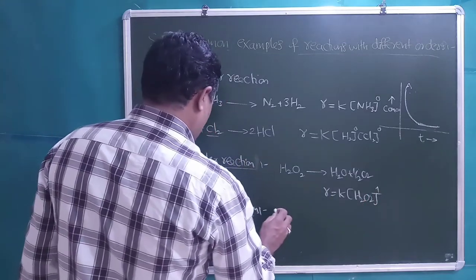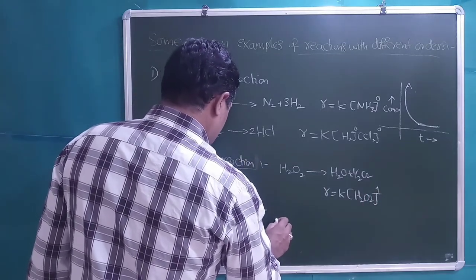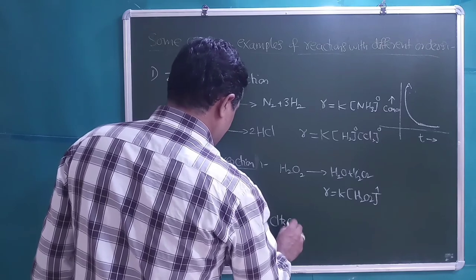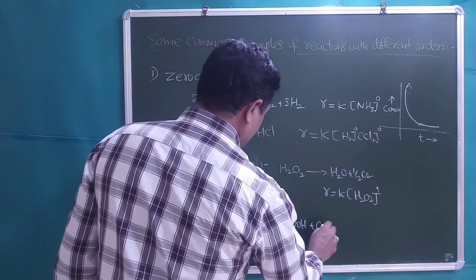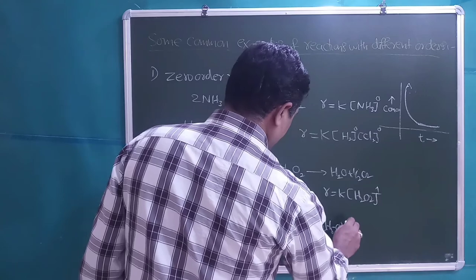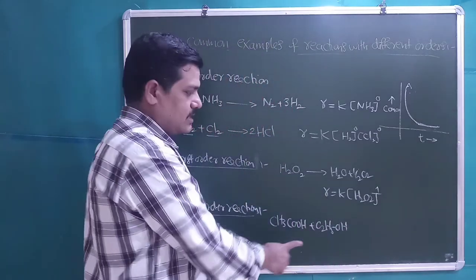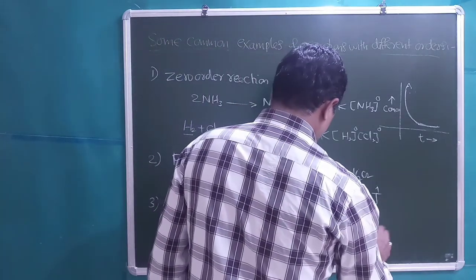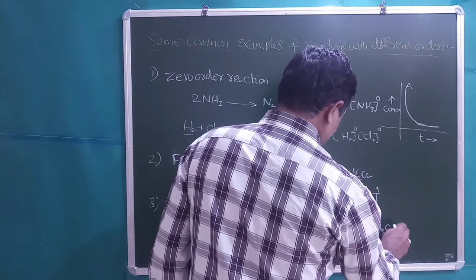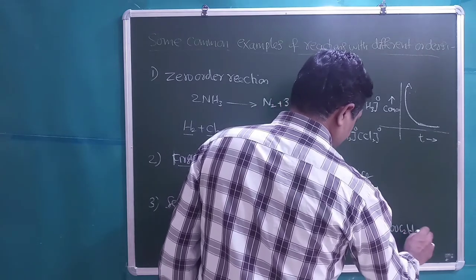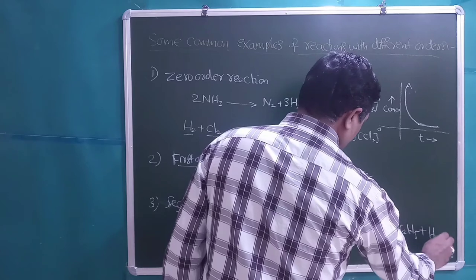In the second order, the esterification reaction, CH3COOH plus C2H5OH, alcohol and carboxylic acid will react to give ester, CH3COOC2H5 plus H2O.